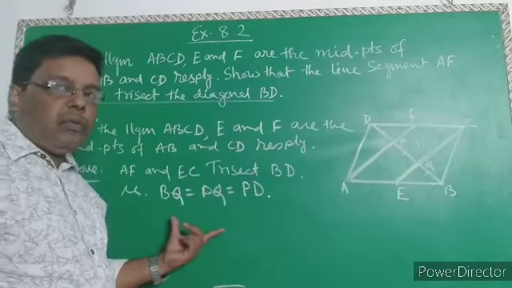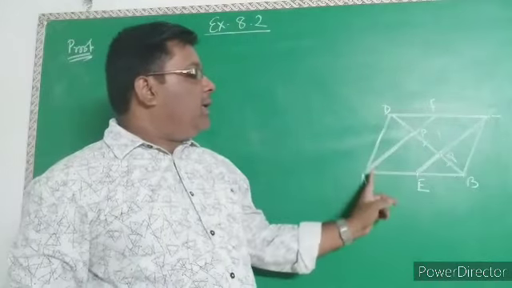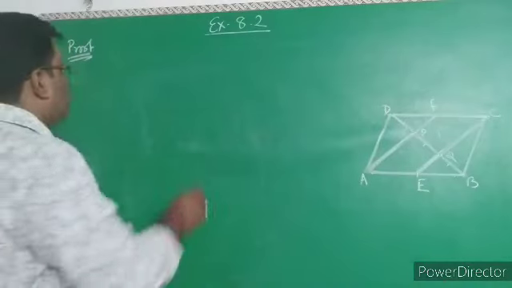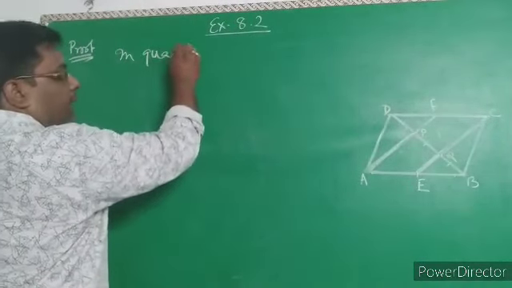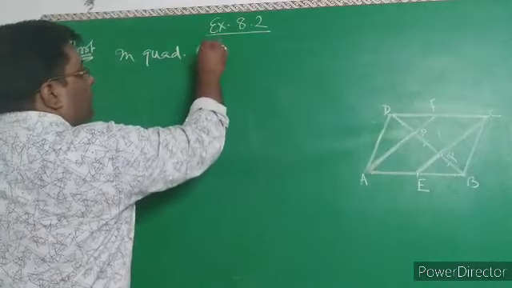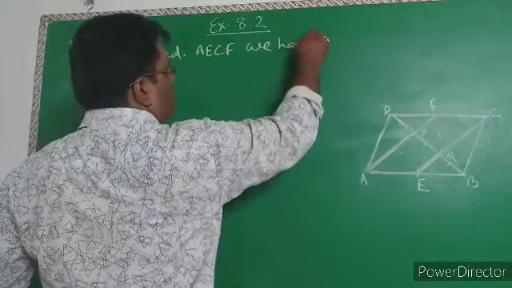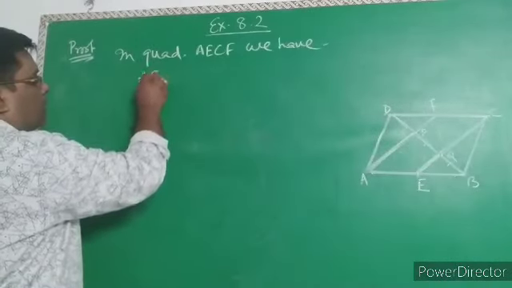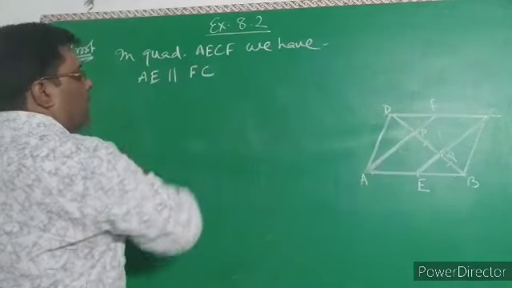Now see the proof. In the proof part, first we have to prove that AECF is a parallelogram. So write: in quadrilateral AECF we have AE parallel to FC.